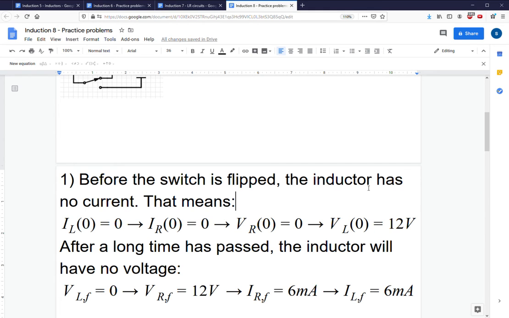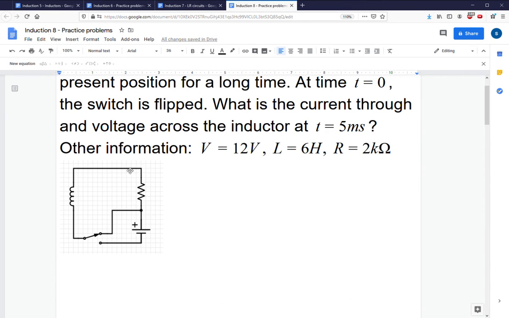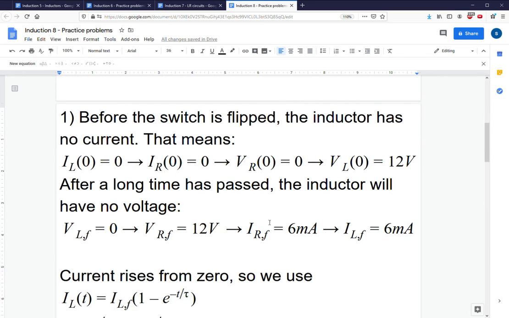Now, after a long time has passed, the inductor has reached steady state. There's no voltage across the inductor, which means voltage across the inductor is 0. We can once again use Kirchhoff's voltage law to say that there must be a 12 volt drop in the resistor. The resistor follows Ohm's law, V equals IR, which means if there's a 12 volt drop in the resistor, we can say the current through the resistor is 6 milliamperes.